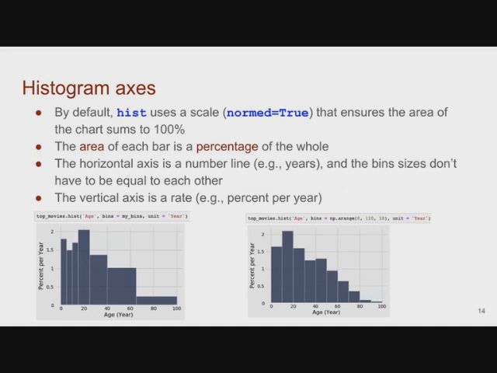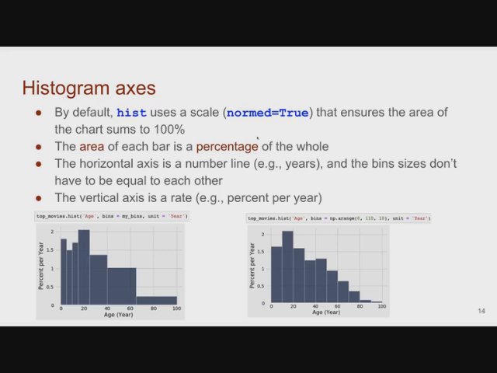It's going to have a normalized scale, and what that means is that the area of the chart sums up to 100. Again, that comes back to the idea that the area of each bin corresponds to the percentage of the entire group. And if we're talking about percentage, we would like the whole thing to add up to 100.